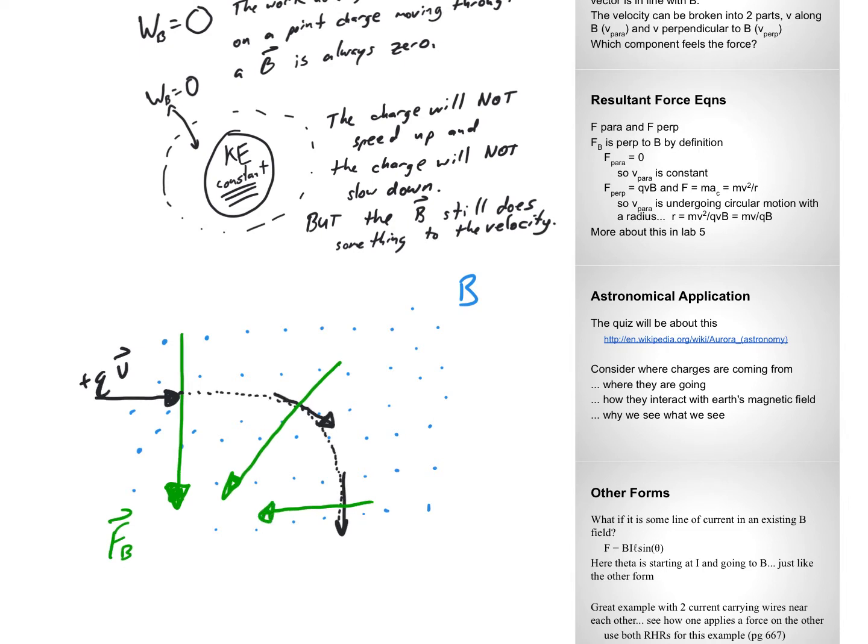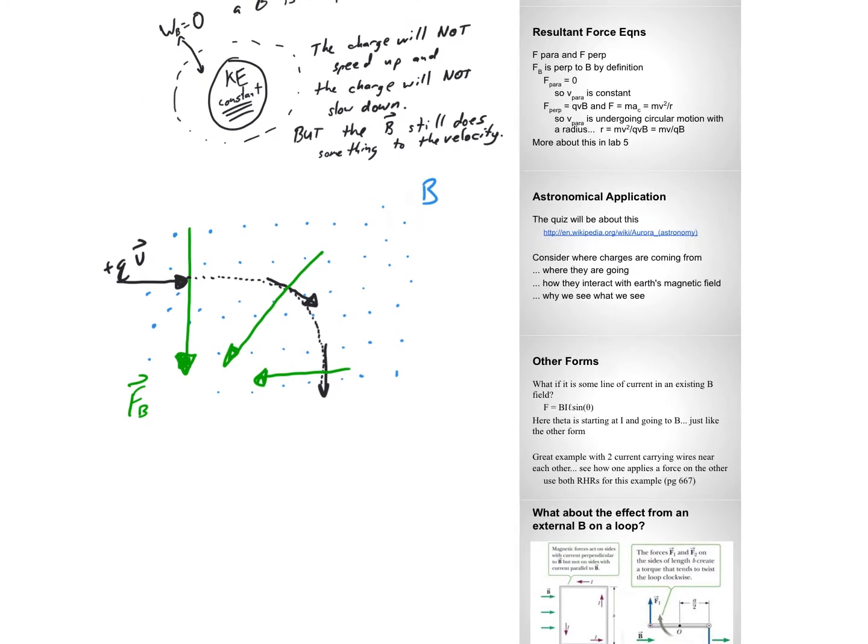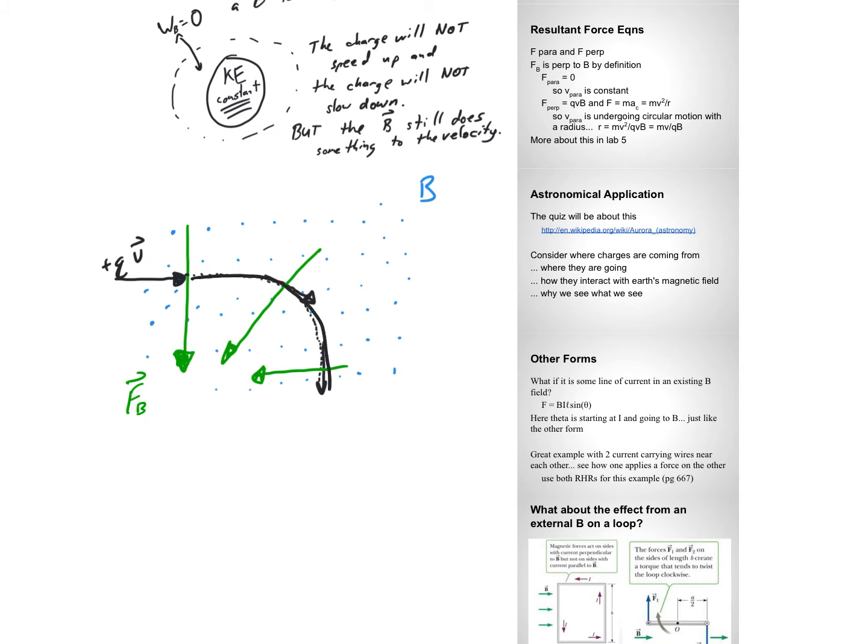So the magnetic force can't speed it up because it's not in the same direction. It can't slow it down because it's not in the opposite direction. This perpendicular force can only change the direction of motion of our charge. This results in circular motion of charges.